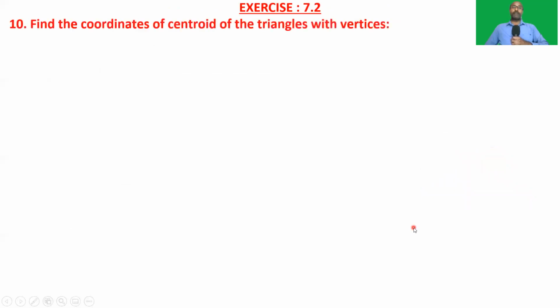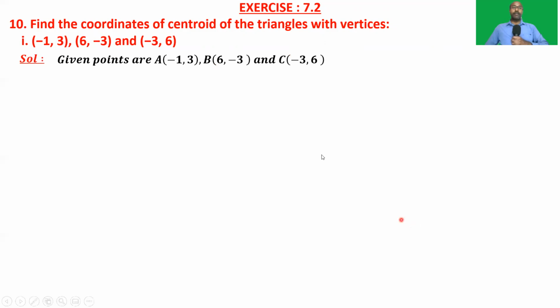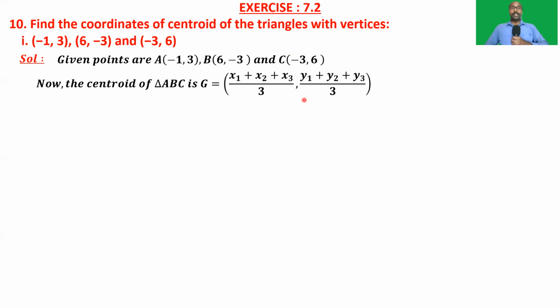Find the coordinates of the centroid of the triangle with vertices, first one, (-1, 3), (6, -3) and (-3, 6). Here the vertices of the triangle are A (-1, 3), B (6, -3) and C (-3, 6). The centroid of triangle ABC is G equal to (x1 plus x2 plus x3 by 3, y1 plus y2 plus y3 by 3).